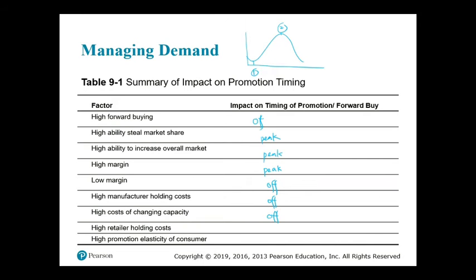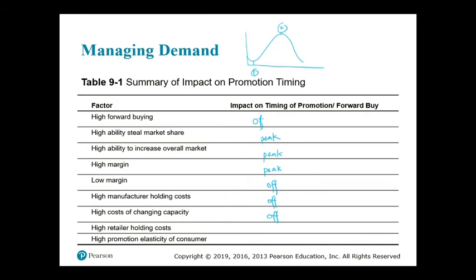Increases retailer inventory. So if the retailer holding cost is high, do we want that to happen or not? No, we don't want that to happen, right? So we should tend to put promotion on peak season, or don't do promotions.